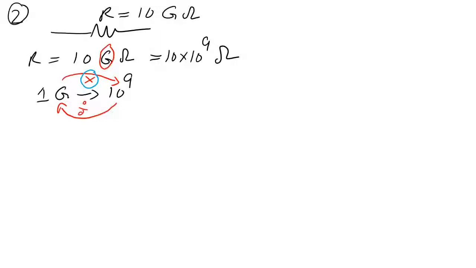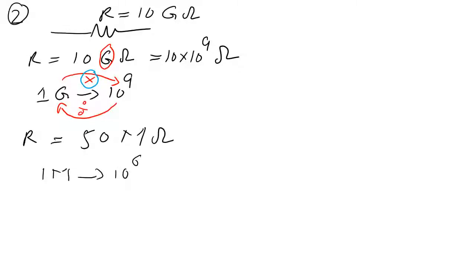And sometimes in the similar way, this R may be used like this. Okay, if we say this is 50 mega ohm, like this. So in the same way, we can change the mega to the ohm, and we know the relation between the mega and the ohm is that 1 mega is equal to 10 to the power 6.